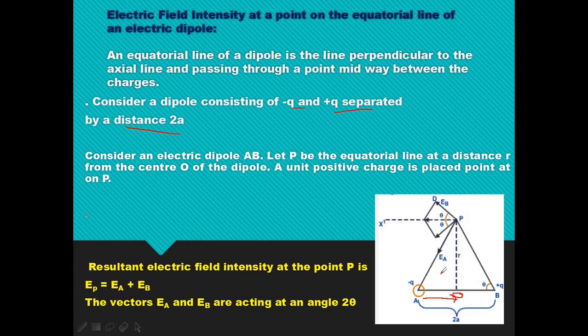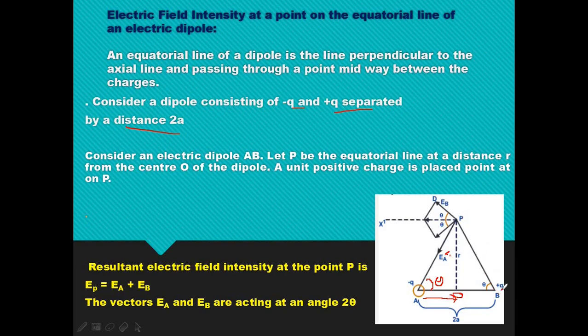This is the negative charge, and we know that the electric field direction for a negative charge is always inward. Now here the angle is theta, and this angle is theta, and this is also theta. The total angle is 2 theta.